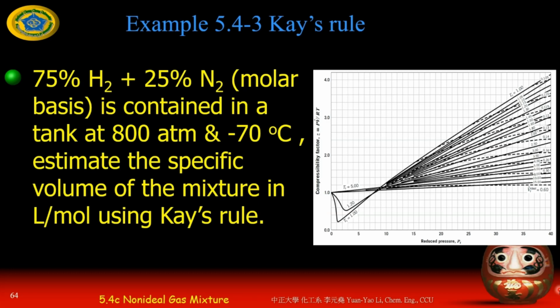It's contained in a tank at 800 atm and minus 70 Celsius. Under this condition, 800 atm and minus 70, you immediately realize you cannot use the ideal gas equation of state to find your answer. Why? Pressure is too high, temperature is too low. So it's not the case of an ideal gas, right?